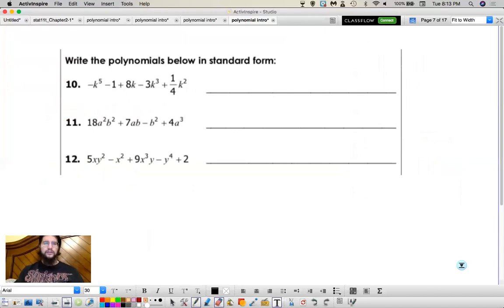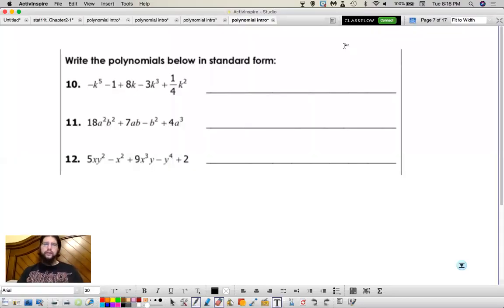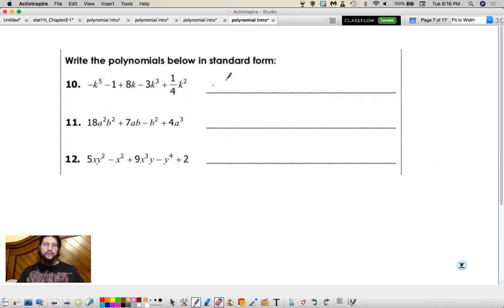Write the polynomials in standard form. So again, standard form, descending order. So we got some k's going on. What's the highest degree here? A 5. So that's what I'm going to start with. Negative k to the 5th. Let me see if I have any 4s. I do not, so I'm going to go to the 3s.